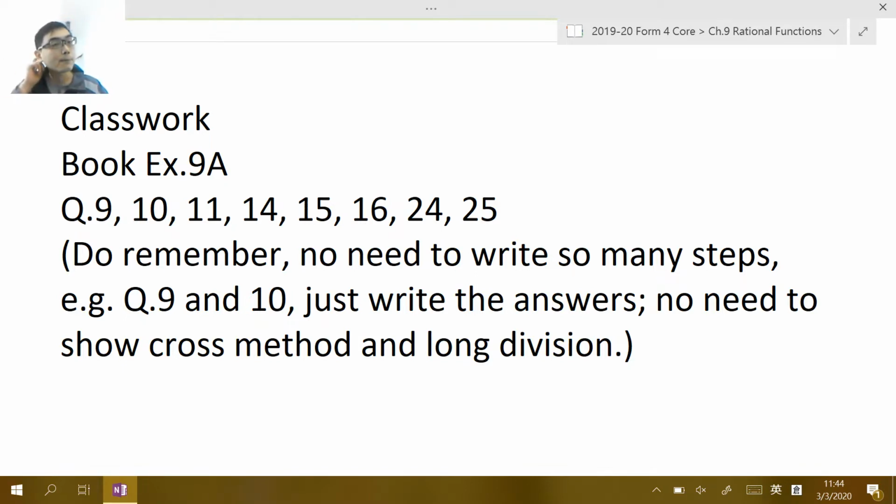But do remember that practically in DSE you do not need to show me how you do the cross method. What we need is just for you to show me that you are going to use the cross method, then this is the method that you are using. Okay, this is enough. For long division also. That means for the remaining 6 questions, you may just write the answer after you have written the steps on your rough paper, or you may show the steps, that is okay, but you don't need to write so many steps here.